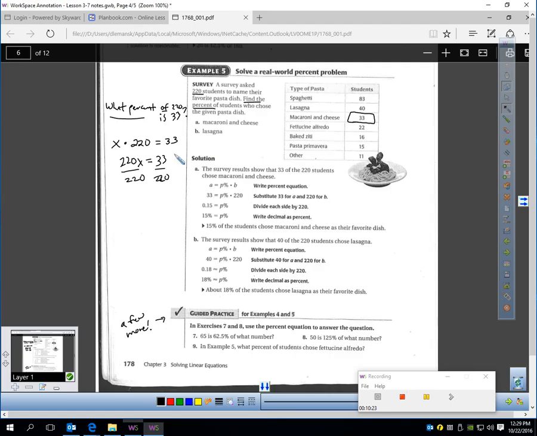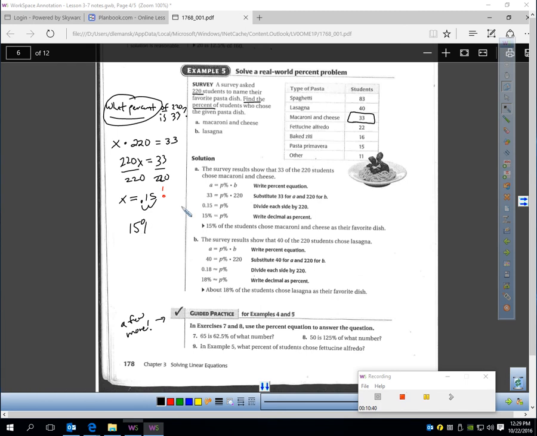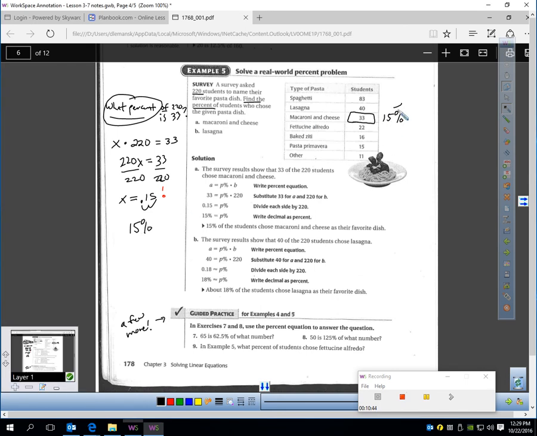And 33 divided by 220, putting that in my calculator, is 0.15. Now remember, I want a percentage. This is not a percentage, so I'll put a little exclamation point by it. I got to move my decimal 2 to the right. That would be 15. So mac and cheese, there must be 15% of the students. So this number is 15% of 220.